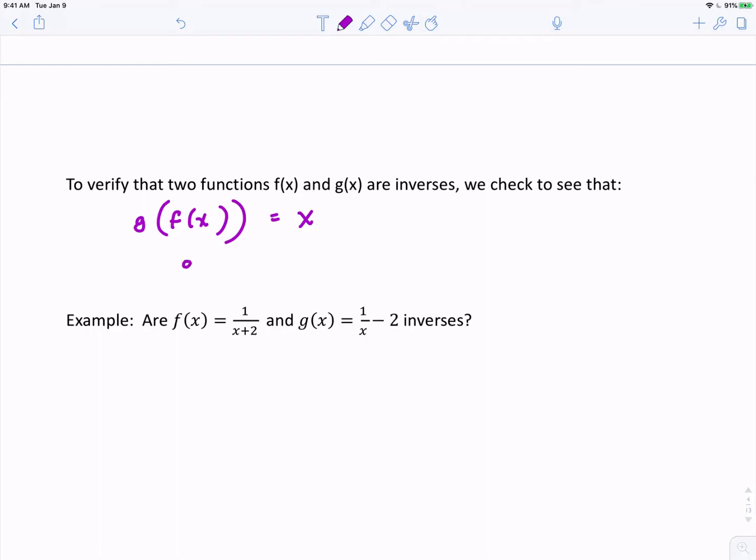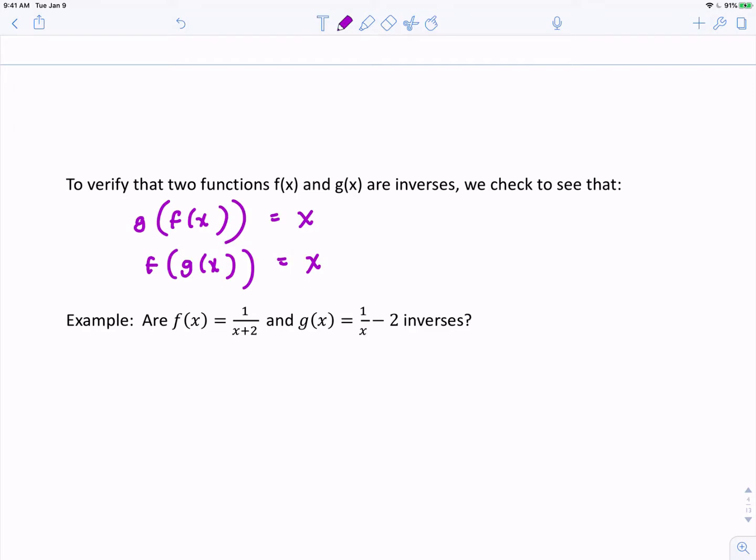And if you apply g to x and then apply f to that result, you should also get x. So each function undoes the other function. Usually what I do is I look at a specific case first to see if it's possible that the answer is yes, and then if it is, then I'll show it in the general case.